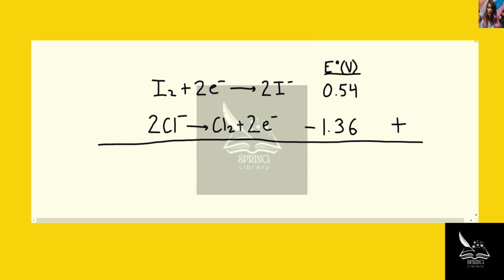And when we add those 2 standard reduction potentials together, we see that the cell potential comes out to negative 0.82 volts.